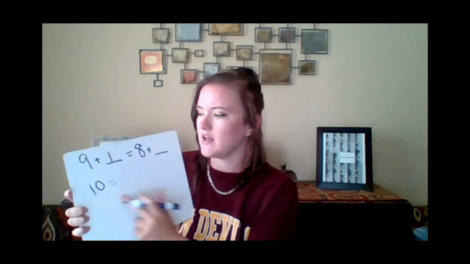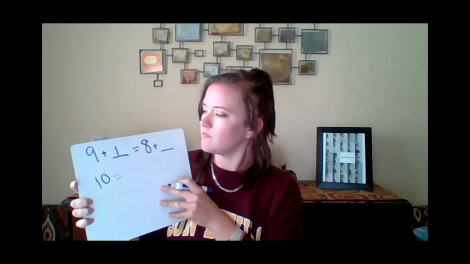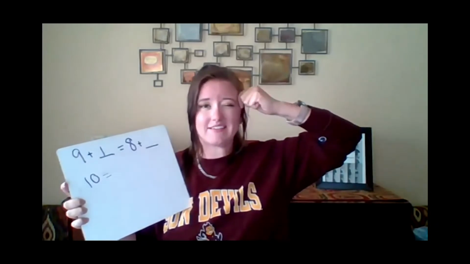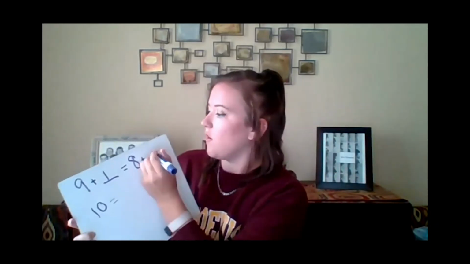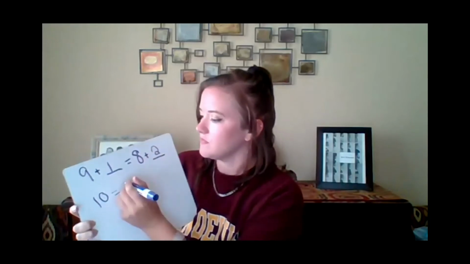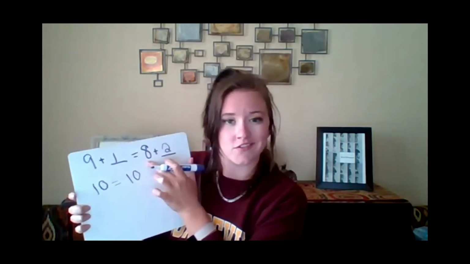Right? Because we want 10 on both sides. How can we make it equivalent? 2. So if I lock 8 in my brain, 8, 9, 10. That gives us 10. So we put a 2 over here. And now we have an equivalent equation.